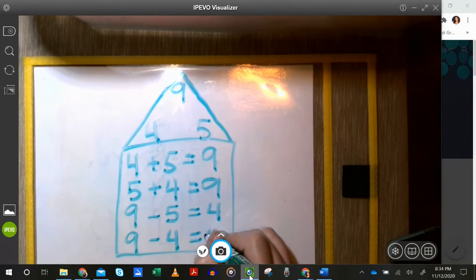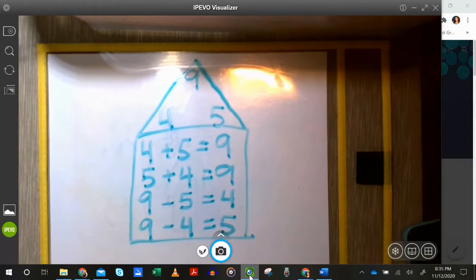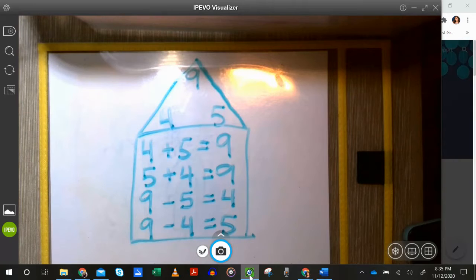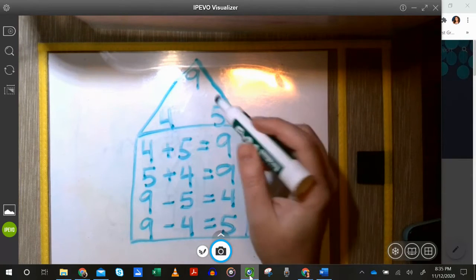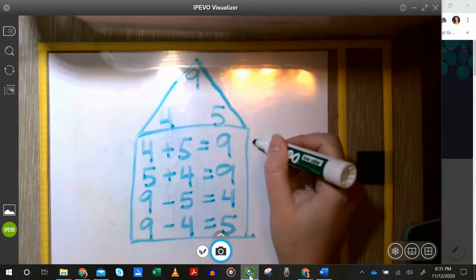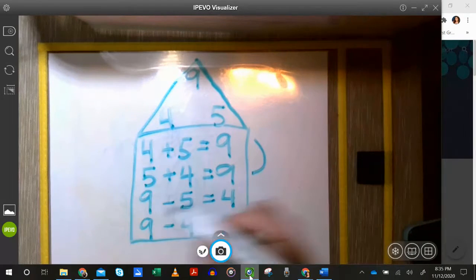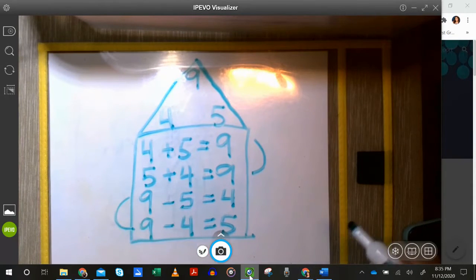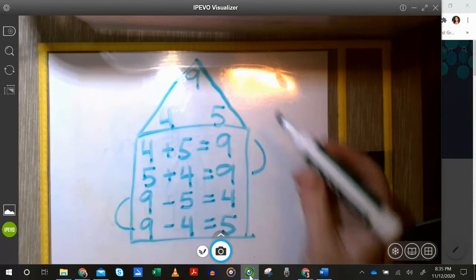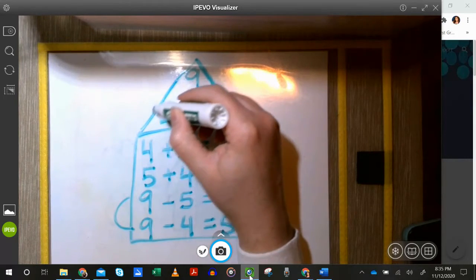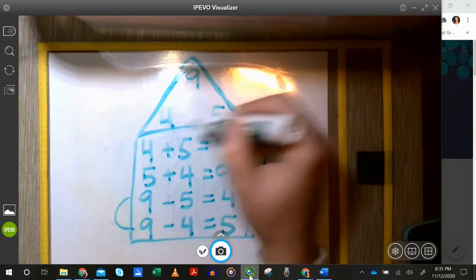Well, that would leave 5 at home. Okay, do you see that? We used what we know about numbers to show 2 addition sentences and 2 subtraction sentences, but we only used these 3 numbers.